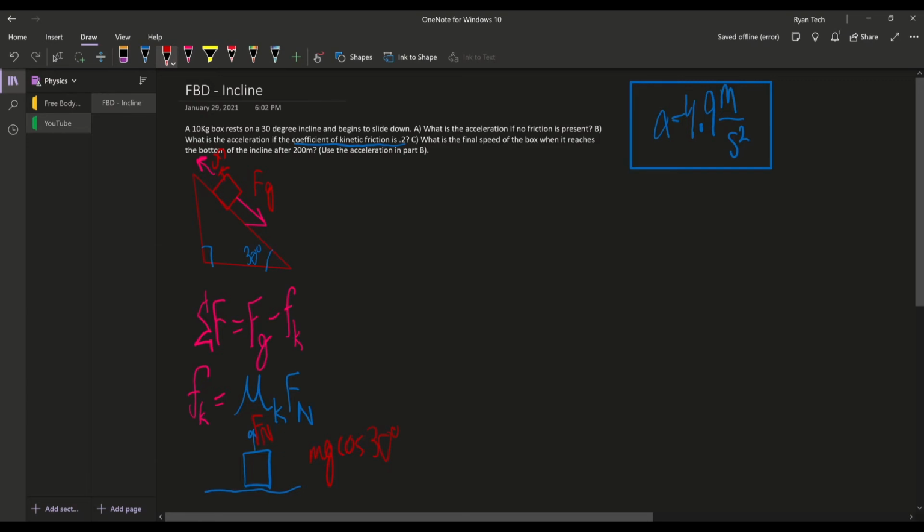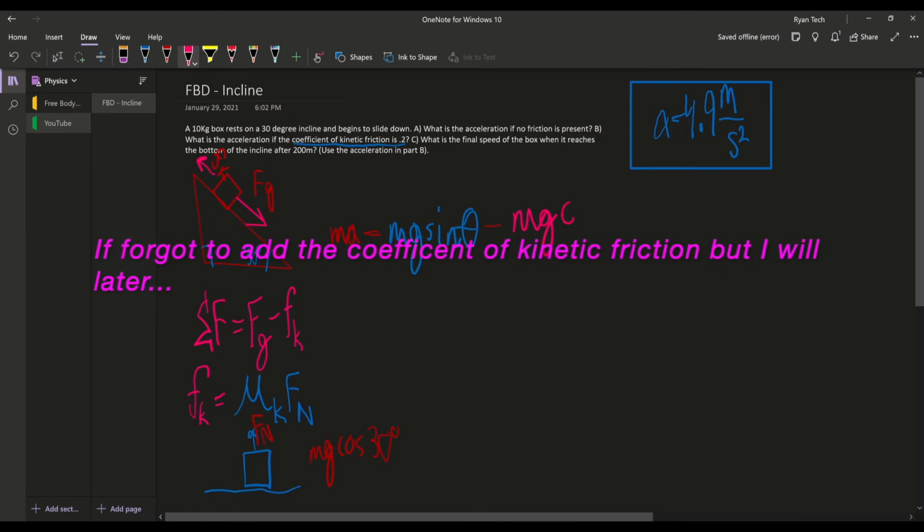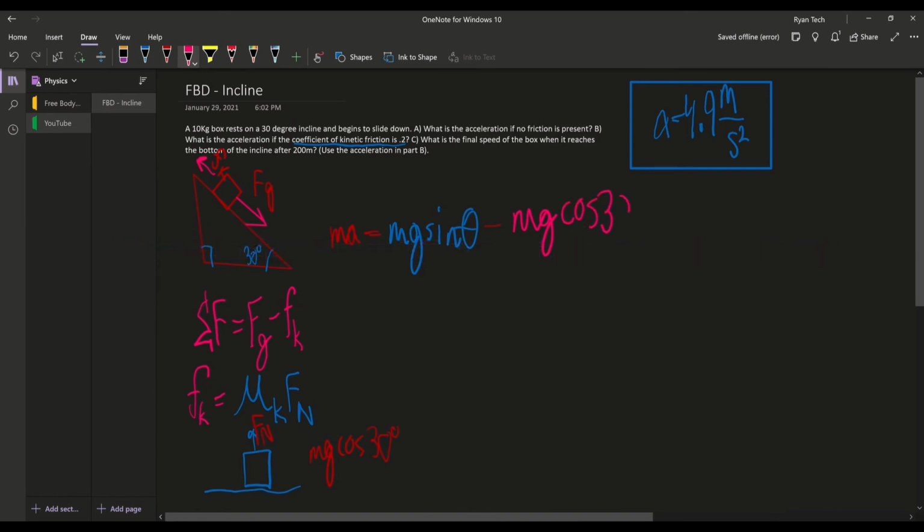What we're going to say now is let's just implement this. We're going to use Newton's second law of motion, which is sigma of F is equal to ma. So ma is equal to mg sine of theta, minus our kinetic friction, which is mu mg cosine of 30 degrees.